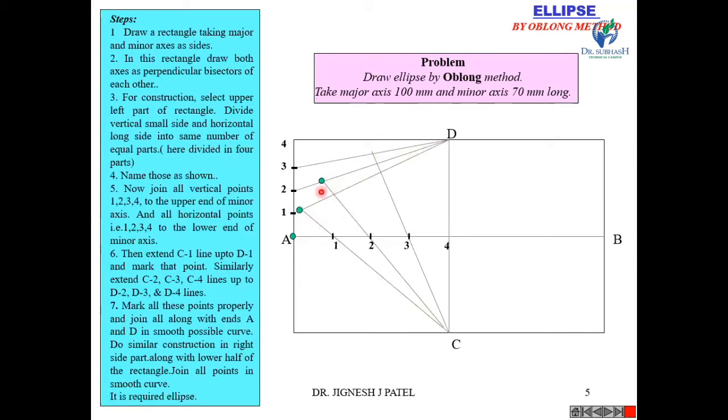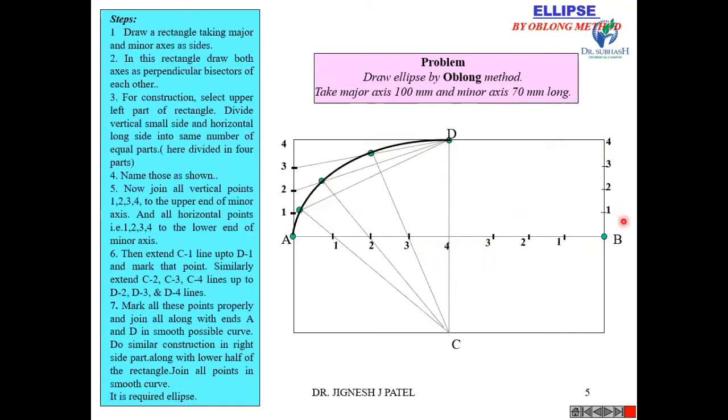These points are P1, P2, P3 and P4. Now similarly, you can repeat this process on this side also. Join all these points by a smooth curve. Similarly, repeat the process on this side. Take the points 1, 2, 3 and 4 here, and on the horizontal line also 1, 2, 3 and 4.